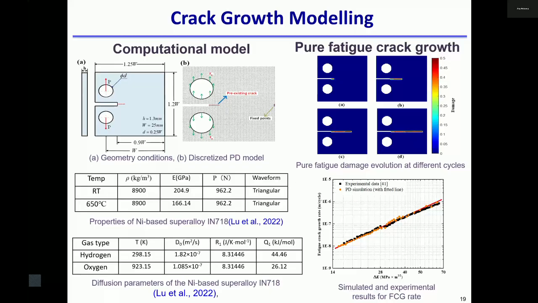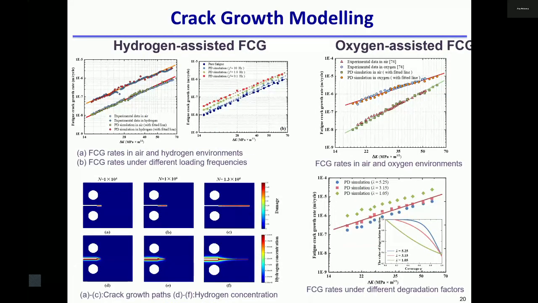You can see the model is very capable. After this pure fatigue simulation, we also modeled the hydrogen-assisted fatigue growth and also oxidation-assisted fatigue growth. You can see the model is also very capable and agrees very well with the experimental data.